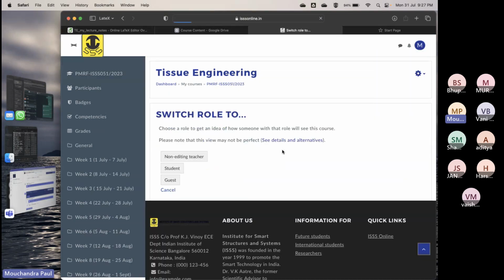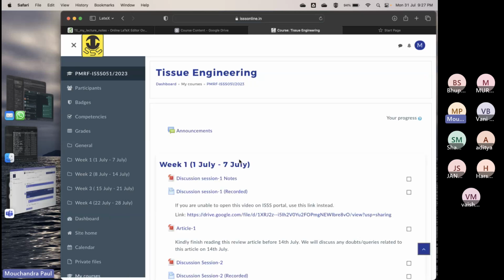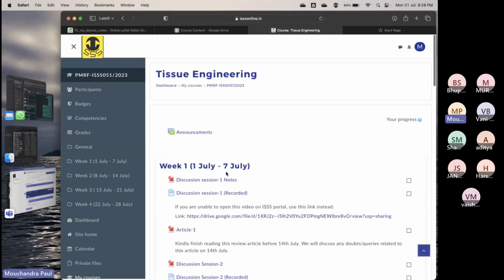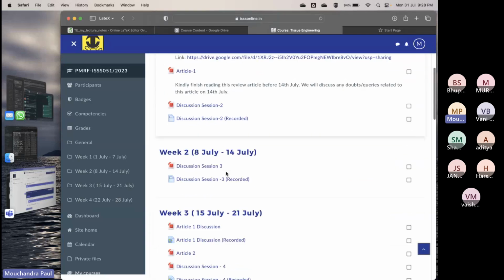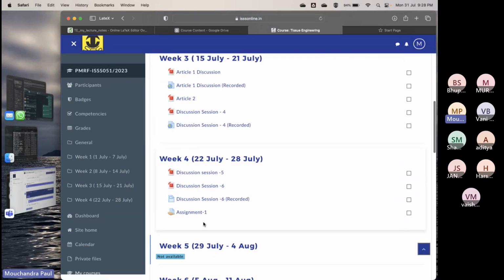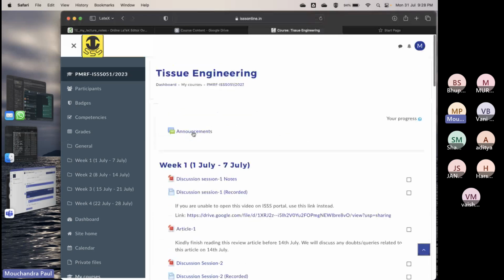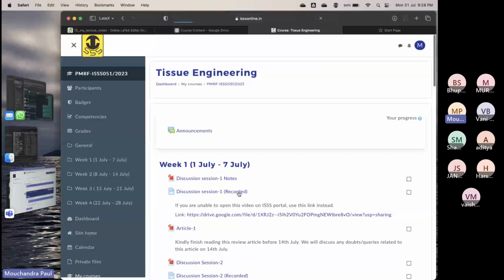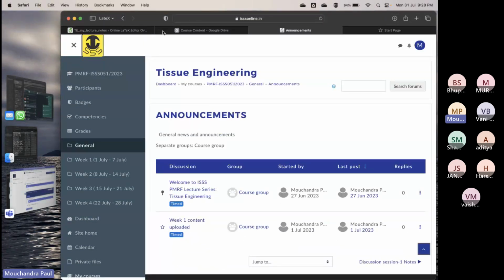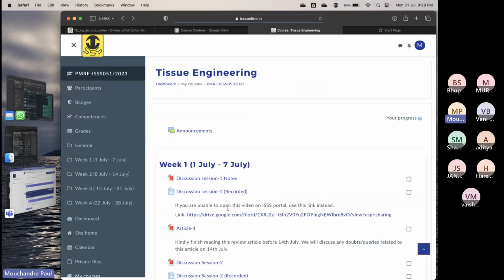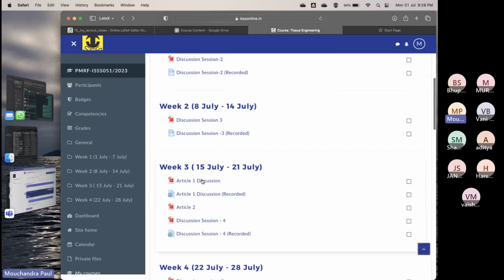So let me show you how the portal looks for you guys. This is the student view, for you guys. I've already uploaded week 4 content. Okay, till week 4 I have already uploaded. You guys can see the announcements here, and these files are also available to you.